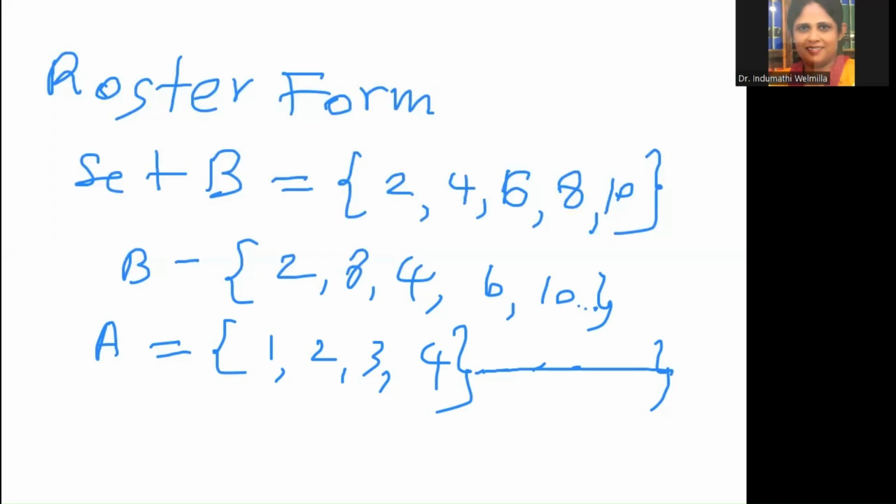The next method that we can use to represent our set: the roster form we already understood, and the builder form you know, and the next method is statement form.